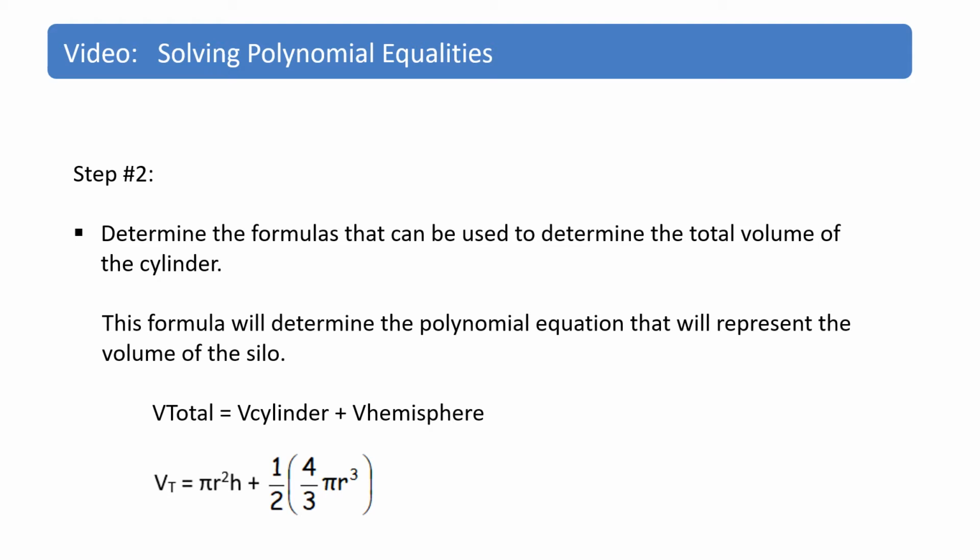We know that the total volume of the silo would equal the volume of the cylinder plus the volume of the top, which we'll call the hemisphere. So the total volume will be pi r squared h for the cylinder plus 1/2 times 4 divided by 3 pi r cubed.